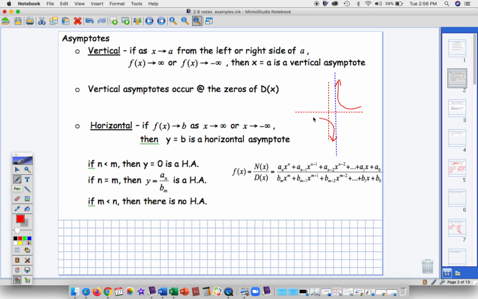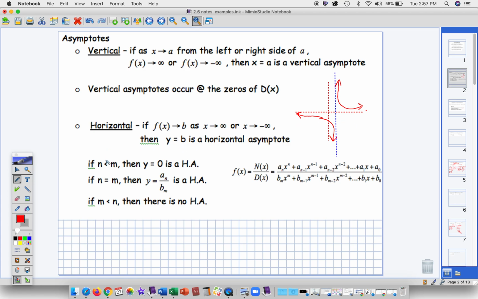If I continue these graphs, what we're saying is that our function values are approaching whatever this value of y is. If this is the x-axis, then it would be as y is approaching 0. On either side, as x approaches infinity or negative infinity, that makes the line y equal to 0, or the x-axis, a horizontal asymptote.